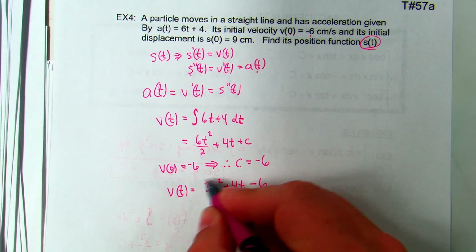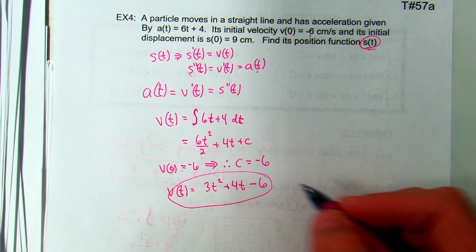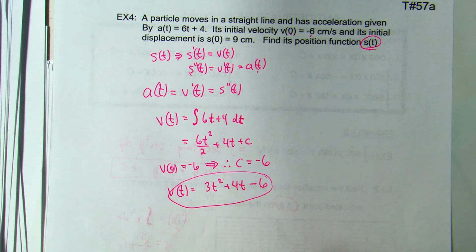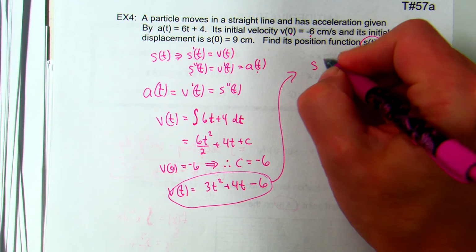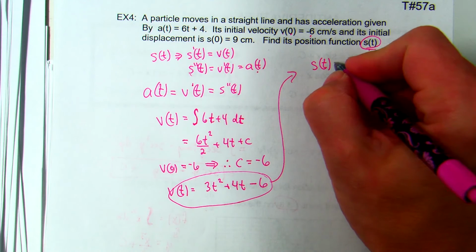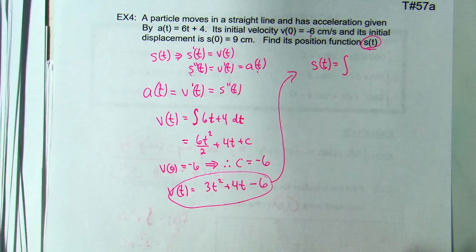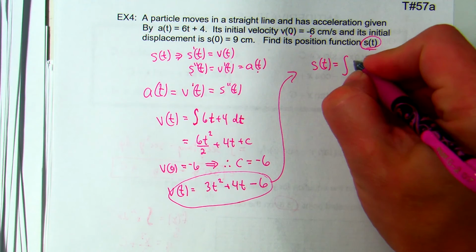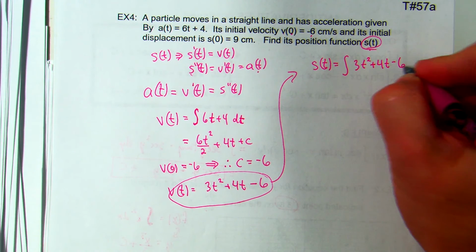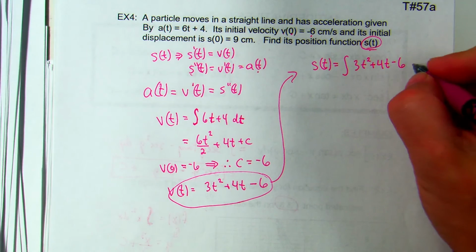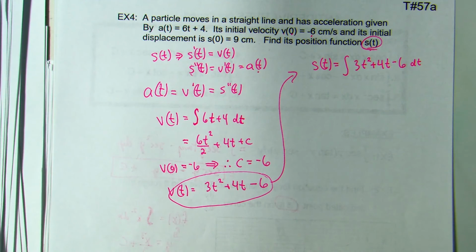Okay, so now I've got this to work with to go back one more to find the position function s of t. The position function is going to be equal to the integral of the velocity function. The velocity function we said right here was 3t squared plus 4t minus 6, with respect to t.